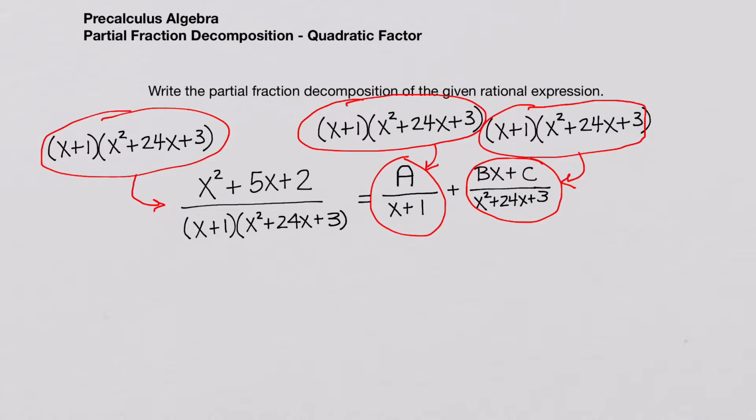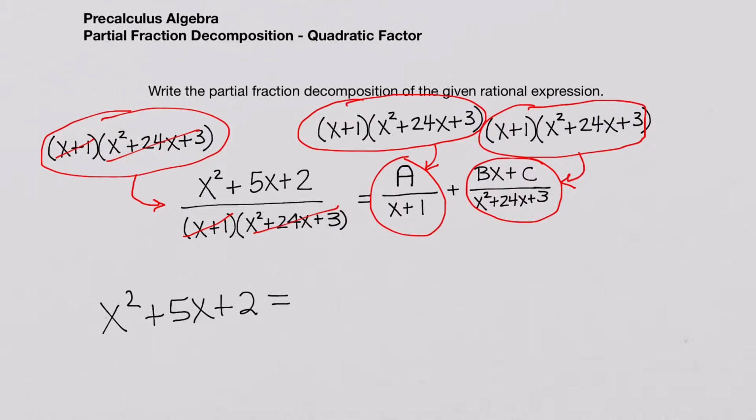Okay, on the left-hand side, nice thing is everything cancels out in terms of the expression we just multiplied and the denominator that was there already. So now we're left with, on the left-hand side, x squared plus 5x plus 2.